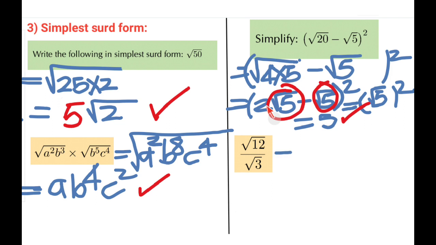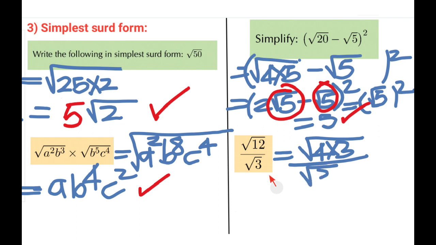The next scenario is when you've got a square root of one number over another. Same story, break it up into a product of a perfect square with another number. So 12 can be written as 4 times 3, where 4 is a perfect square, all over the square root of 3.